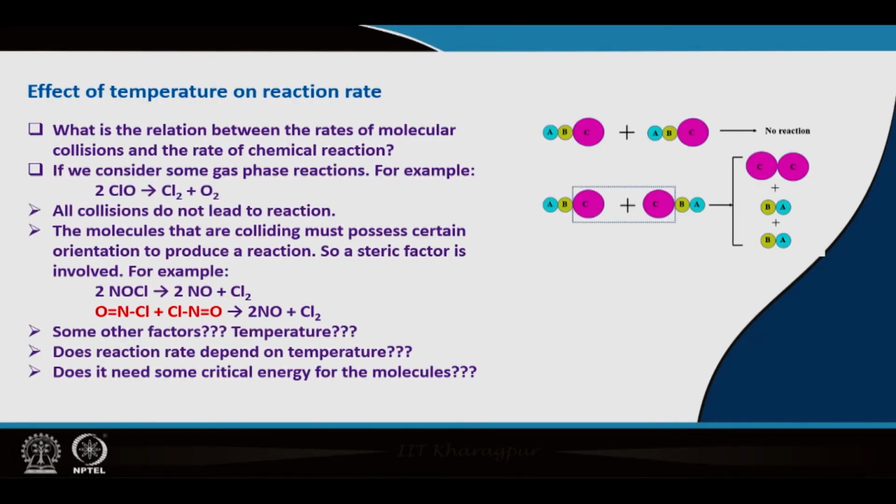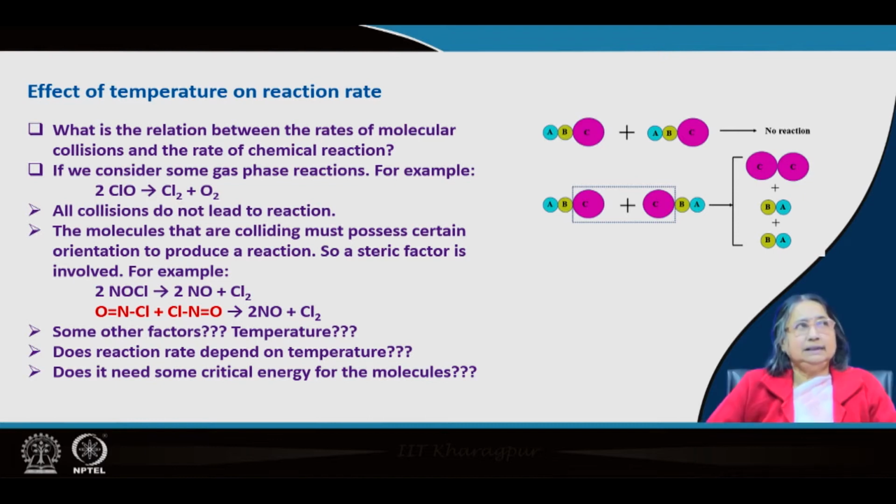Now, I already told you about the specific rate constant, k. One thing I must tell you at this point: I hope you have already noticed that in chemical equilibrium, the equilibrium constant I always expressed in terms of capital K, and in the rate expressions the specific rate constant I always wrote in terms of small k.